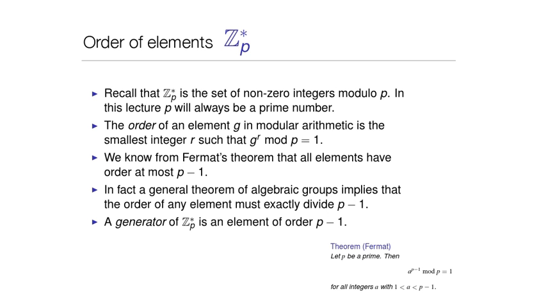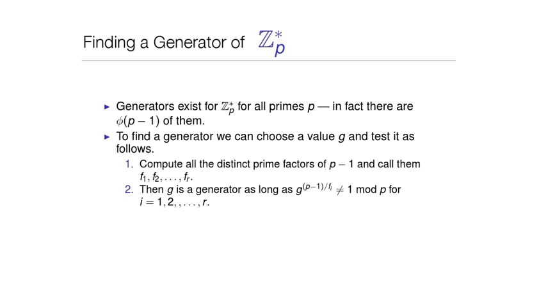Here we have Fermat's theorem at the bottom of the slide. These are the theoretical background we have to keep in mind to continue this topic: finding a generator of Zp.